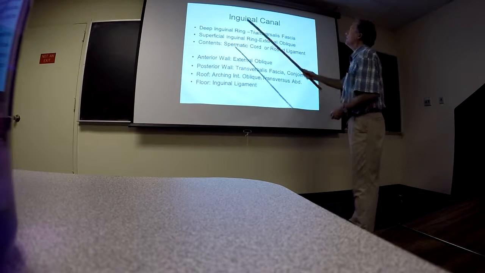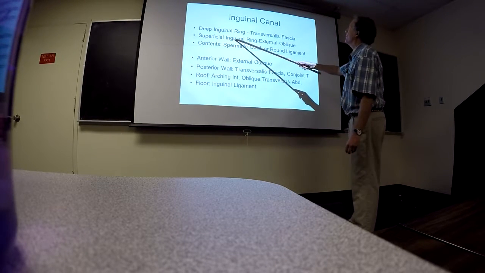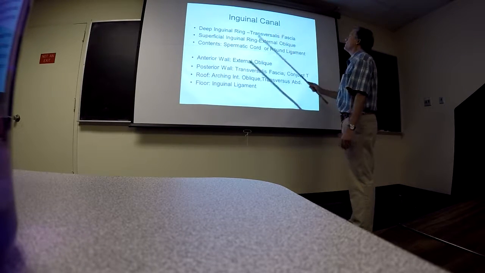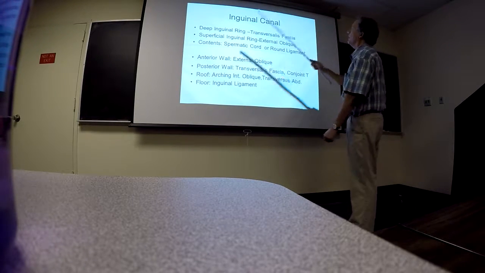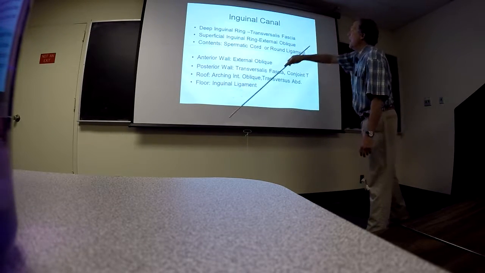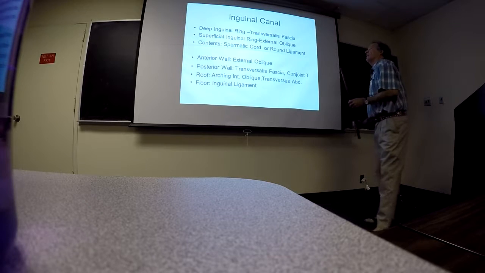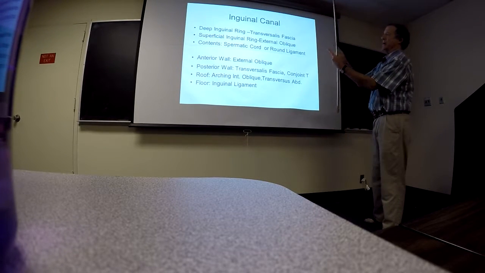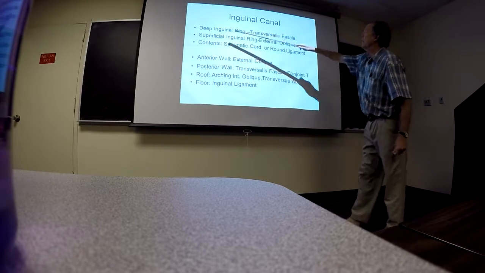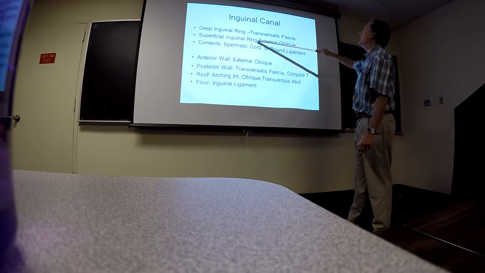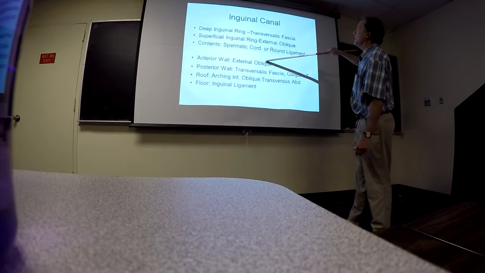And then, as they come through the superficial layer, there's that opening in the external oblique known as the superficial inguinal ring, and they have to pass through that. The canal through which they pass has borders, right? It's an opening, but it's about that long. So where they go through the transversalis fascia is lateral. Where they pop through the superficial ring is more medial.